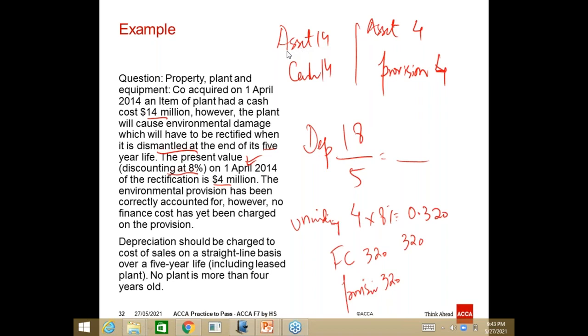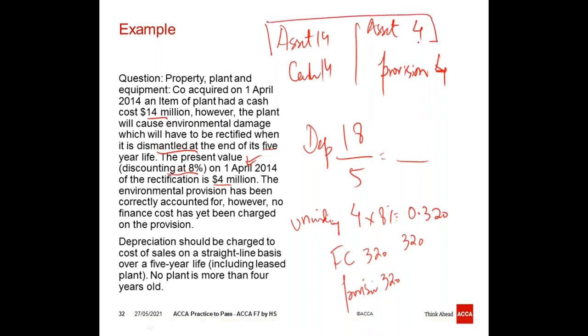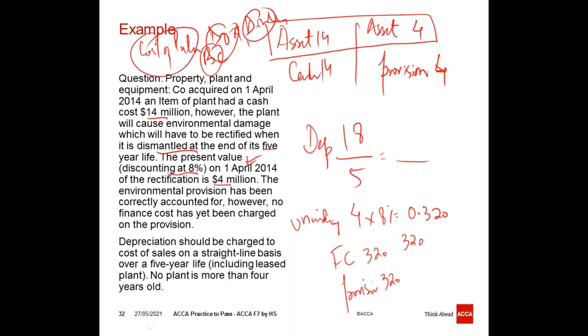This is what we were studying in the first slide of this lecture, that there are 4 types of costs that can be capitalized in the value of the asset: the cost of purchase, directly attributable cost, dismantling and site restoration cost, and borrowing cost.